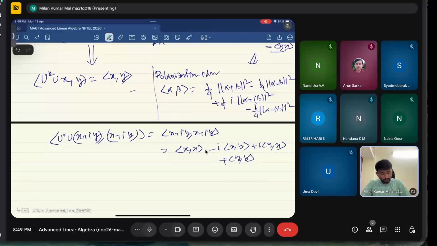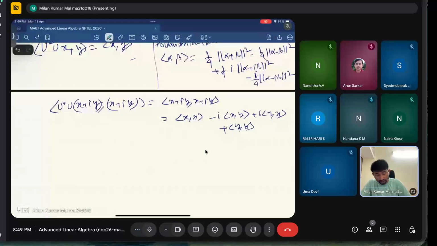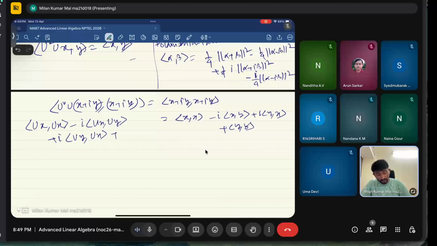Okay, and on the left-hand side I will get the inner product of ux with ux, plus minus i inner product of ux, uy, plus i inner product of uy, ux, plus inner product of uy, uy.